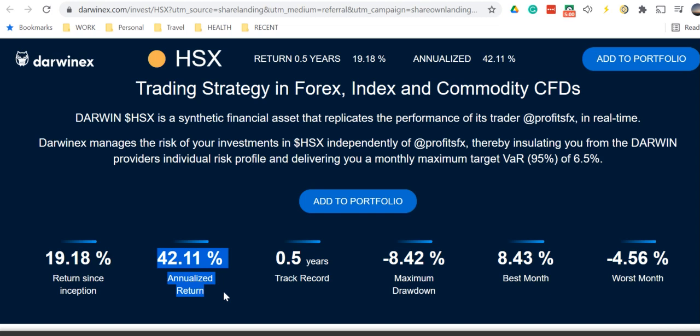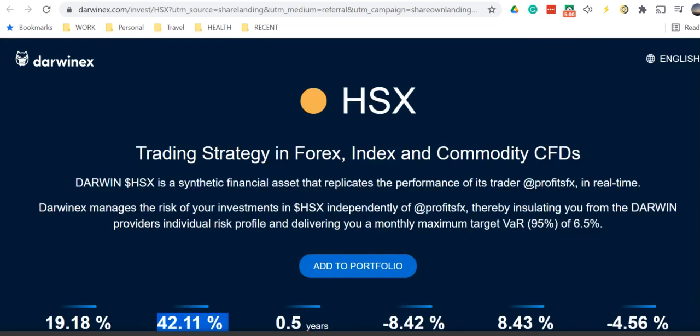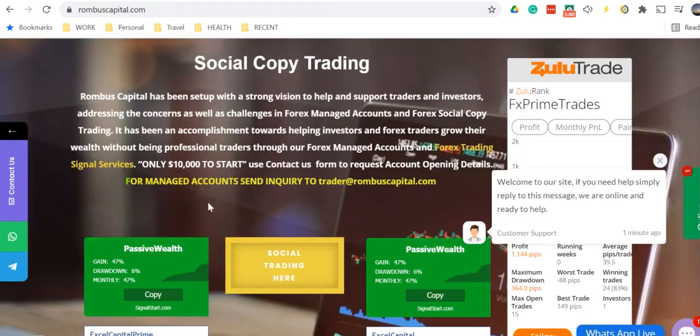So that's not bad. Yeah, so you can check them out there as well. Again, it's just a good sign that they're on these different platforms. You know, they're sort of heavily involved in this copy trading scene, as it were. Okay, so that's Rhombus Capital.